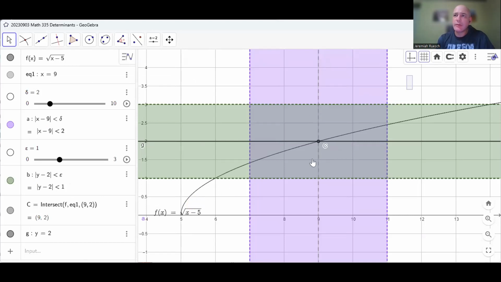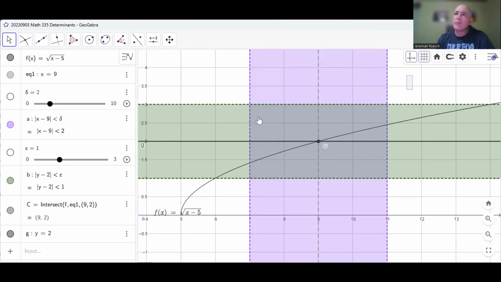This is our vertical line. This is the point that we're interested in. And we set epsilon equal to 1. And you can see then that the height of the rectangle goes from our limit value, which is 2, up to 3 and down to 1.